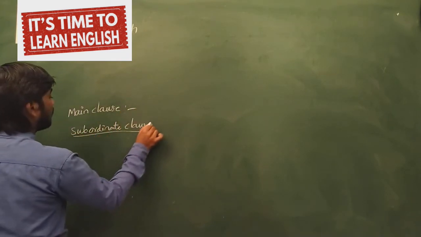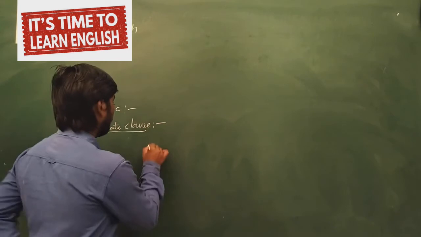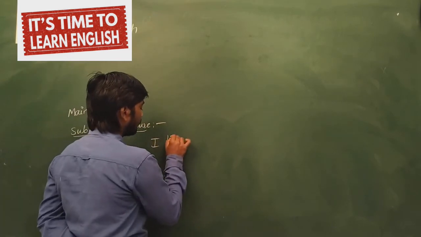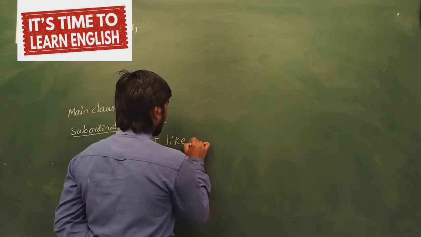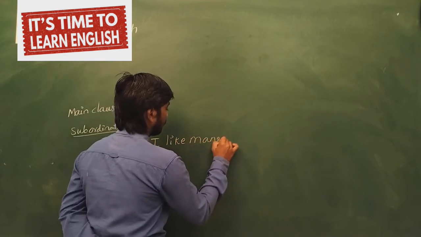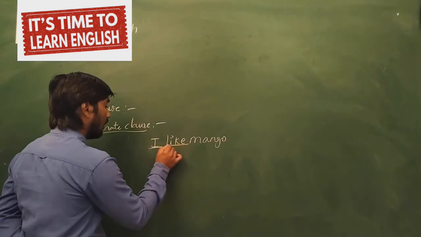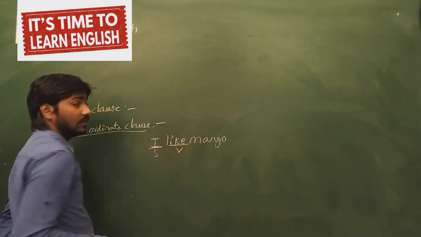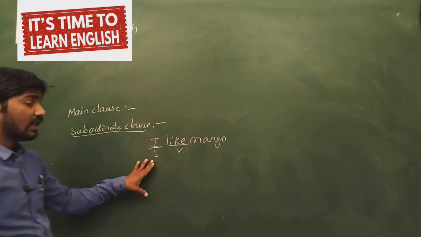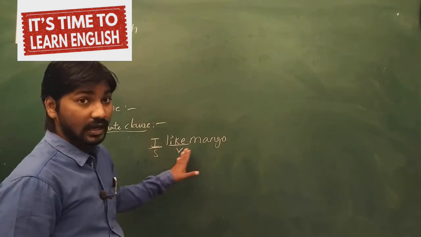What is a main clause and what is a subordinate clause? For example, I like mango. Here we are having a subject and a verb. So a clause will have a subject and a verb.